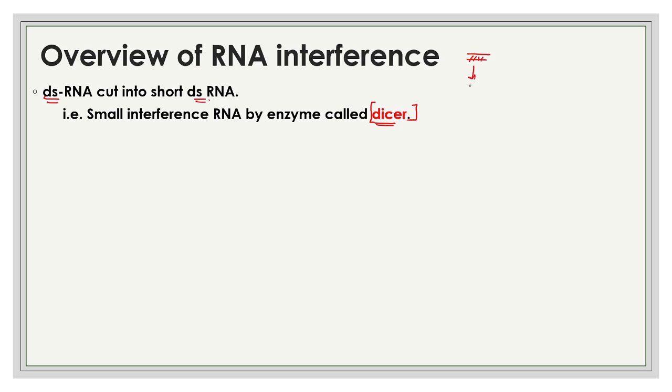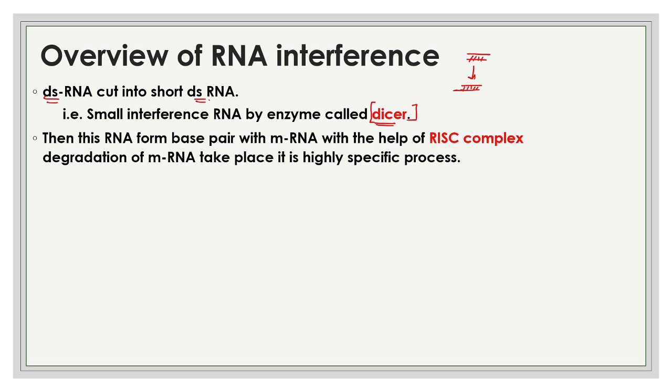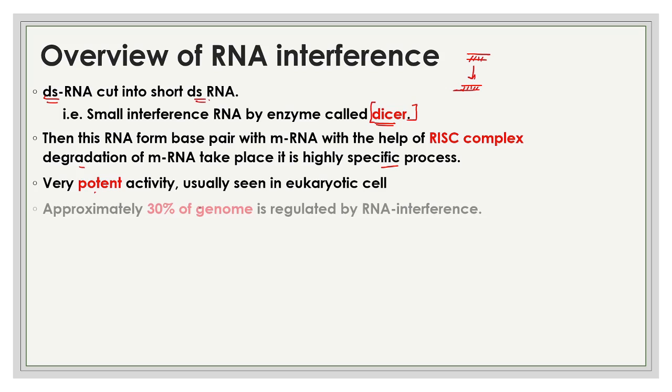Then this RNA base pairs with the mRNA present inside the cell cytoplasm, and with the help of the RISC complex, degradation of mRNA takes place. It is a highly specific process. It is also a very potent activity, usually seen in eukaryotes. It is actually seen in prokaryotes too, but majorly in eukaryotes. Near about 30% of the genome is regulated by RNA interference technology.